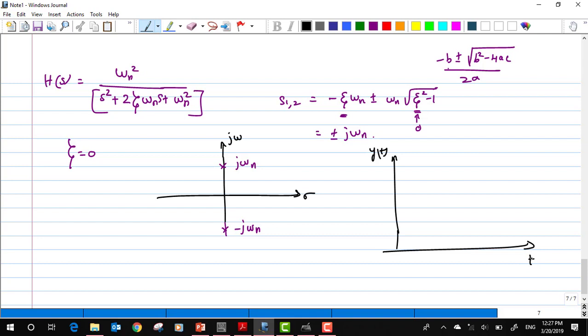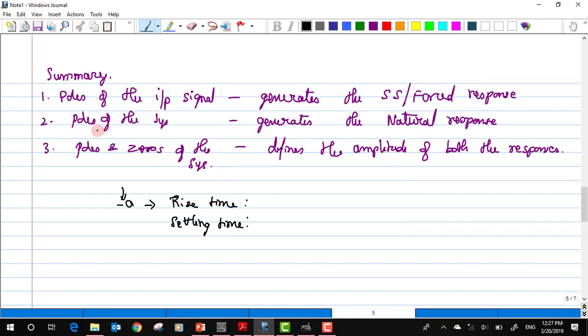How does this pole define an output for me? We know that the poles of the system define the natural response. How do these poles, which are located on the imaginary axis, define my natural response? Yeah, just a sinusoidal. Okay, and can this natural response decay?